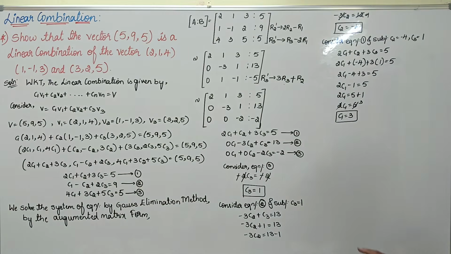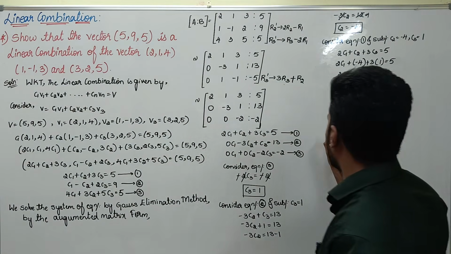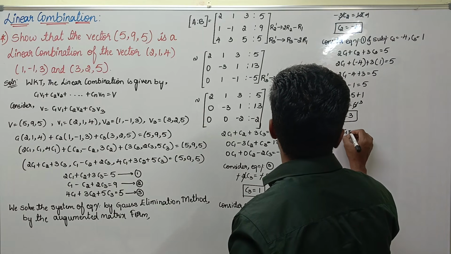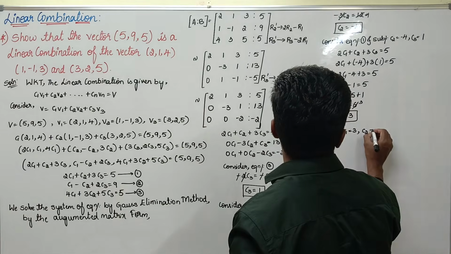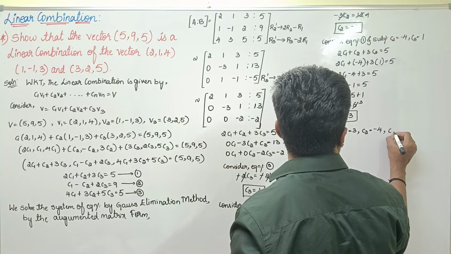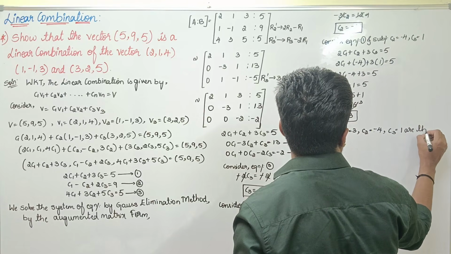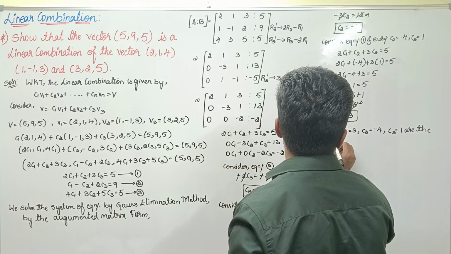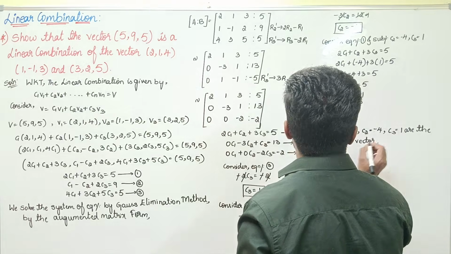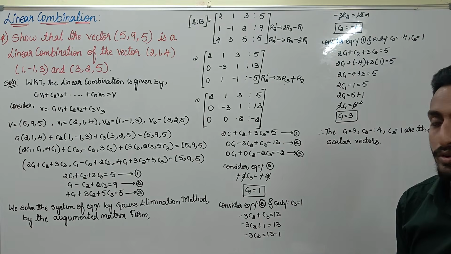Now we have found the scalars C1, C2, C3. Therefore C1 equal to 3, C2 equal to minus 4, C3 equal to 1 are the scalars.